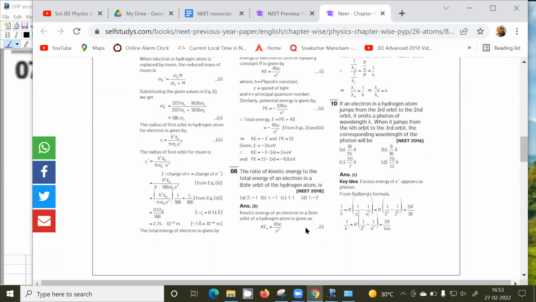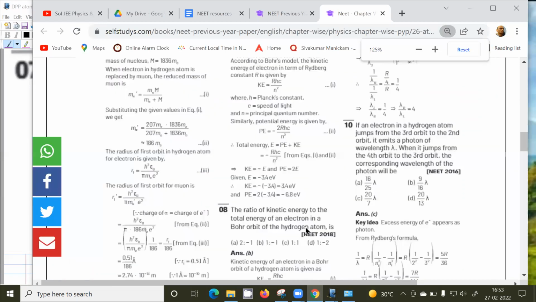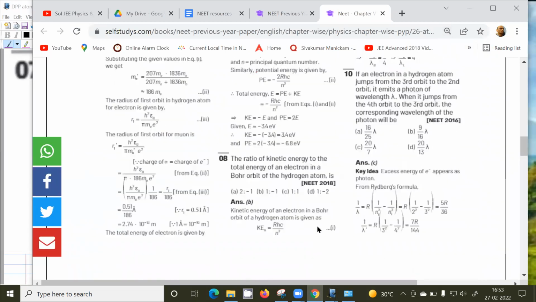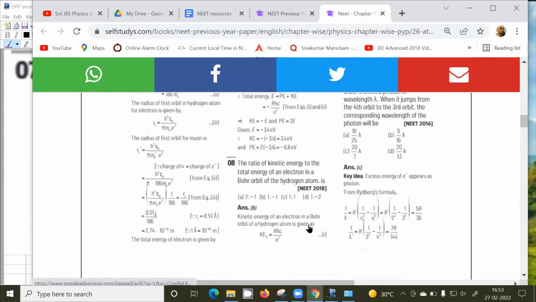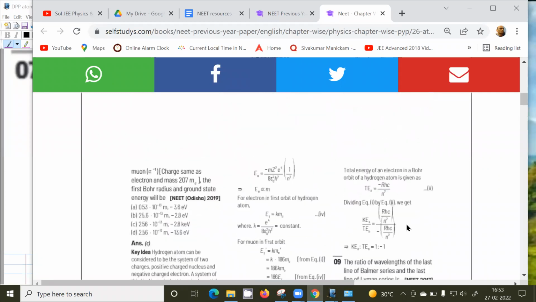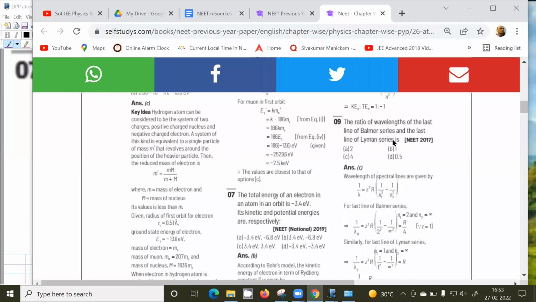Can you read question number 8? Ratio of kinetic energy to total energy is 1:-1, so option B. Next, the ratio of the last line of the Balmer series and the last line of the Lyman series. This is also a good question.